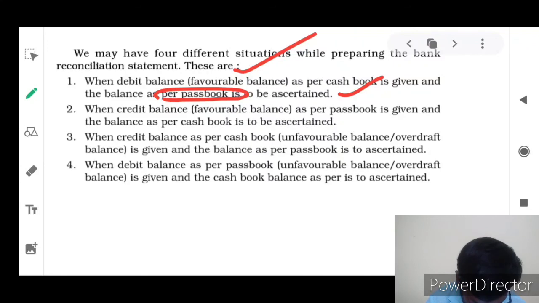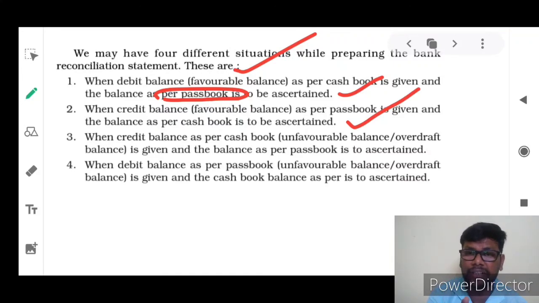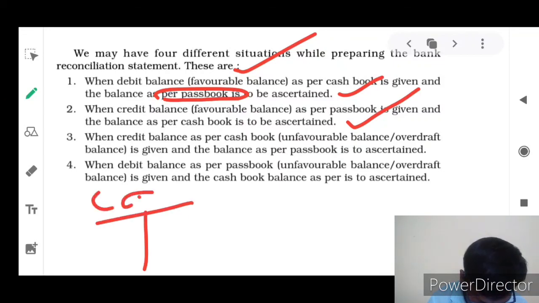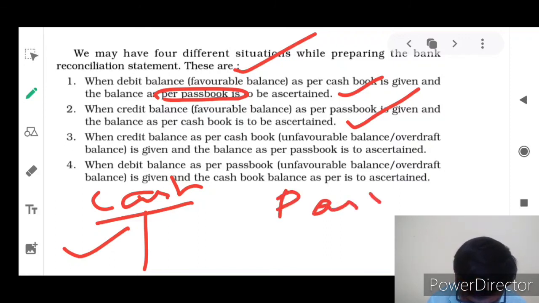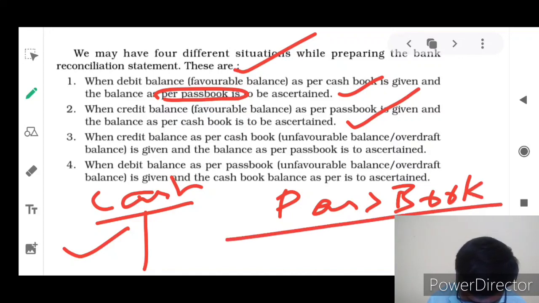Okay, next one. When credit balance, that is favorable balance as per the passbook, as I told you already. Debit balance in cash book and credit balance in passbook, both are the same. See, you can keep it in your mind like this. It is the cash book, and it is the passbook. Bank passbook, who is preparing the passbook here? Bankers are preparing the passbook. So passbook has a debit column and a credit column.